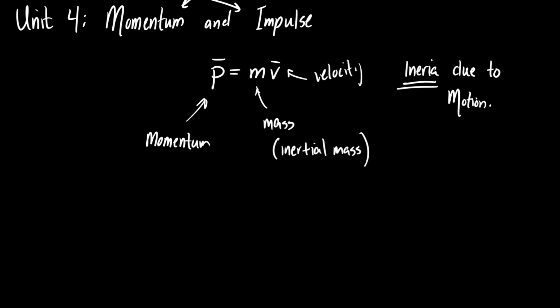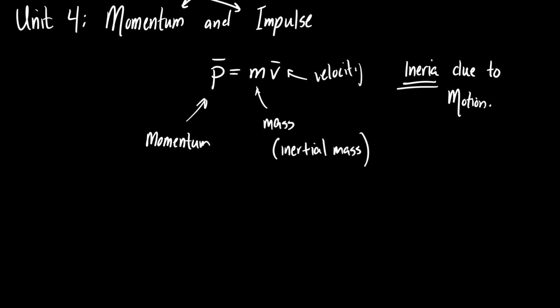The more they move, the more difficult they are to change. So this is a measure of how difficult it is to change an object's motion. That's what momentum is. Something with a lot of momentum will be difficult to change its motion.